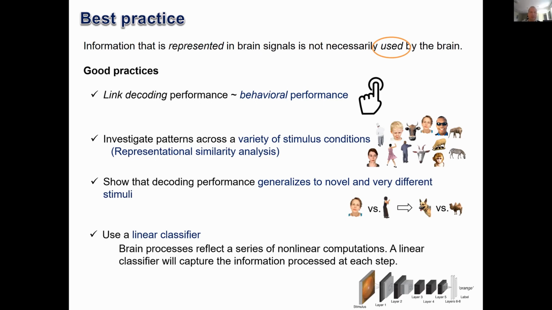And as I mentioned before, it's also a good idea to use a linear classifier, though I think the previous points are even more important, to link with behavior, for example, and to use a lot of stimuli. This really points to us that what we extract is information that is really used by the brain, and we get a glance of the cognitive processing in the brain.